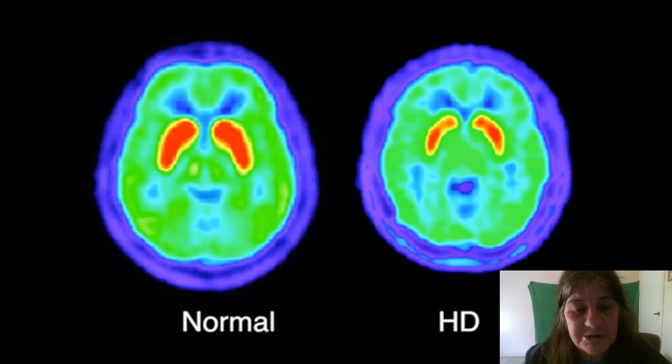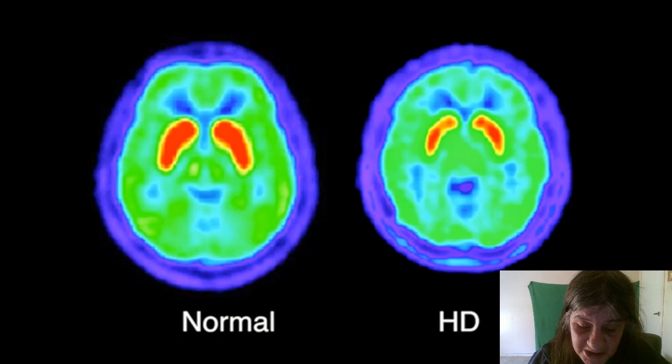As you can see, here is a normal brain, and here is one with Huntington's disease. You can see this here is distorted, and the red section area is different. This area is different than this. So Huntington's is another one that severely affects the brain. Okay?